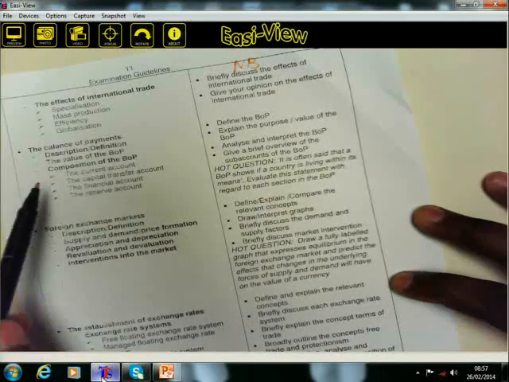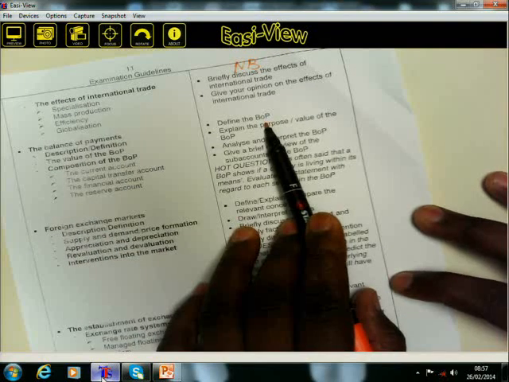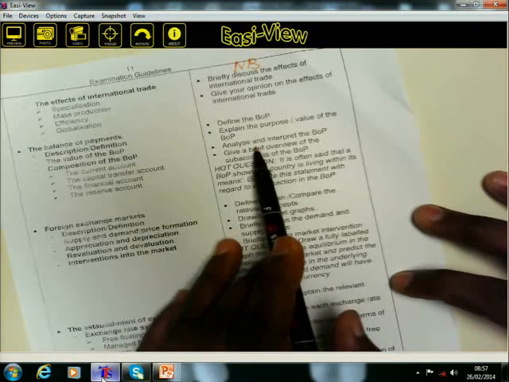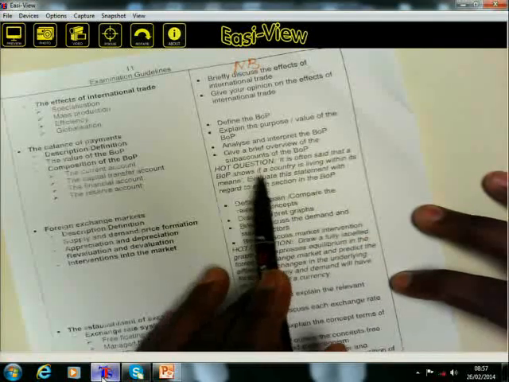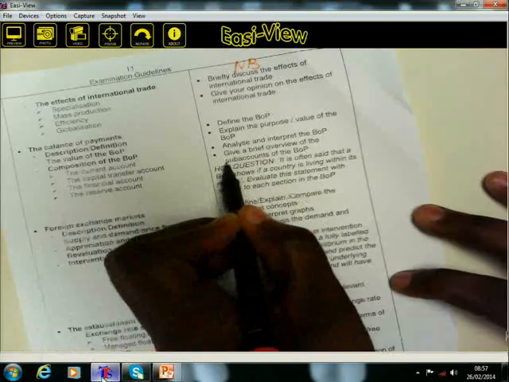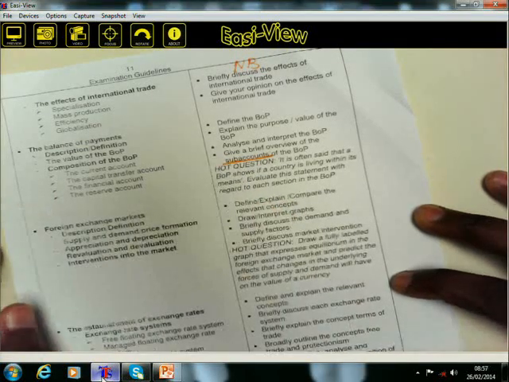The other thing is the balance of payment account. You need to know what the balance of payment account is and its purpose, and then we need to analyze and interpret the balance of payment account, and also give a brief overview of the sub-accounts. Take note, there are sub-accounts that you need to know regarding the balance of payment account.